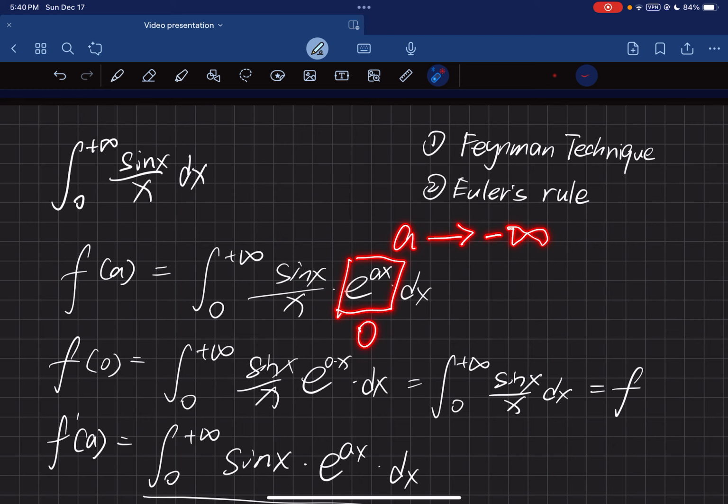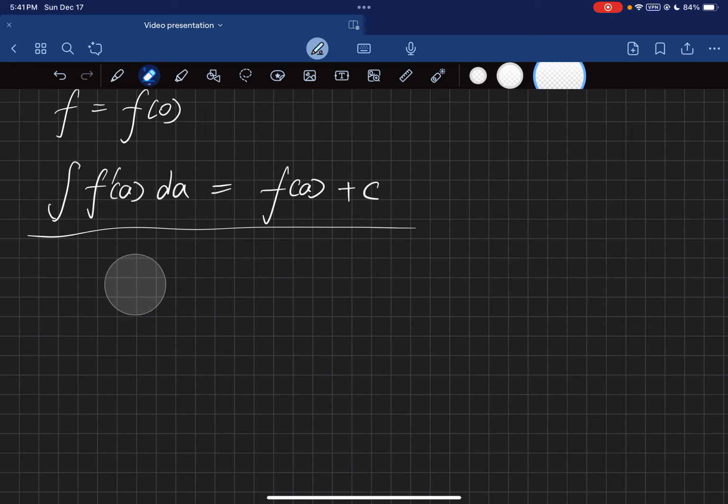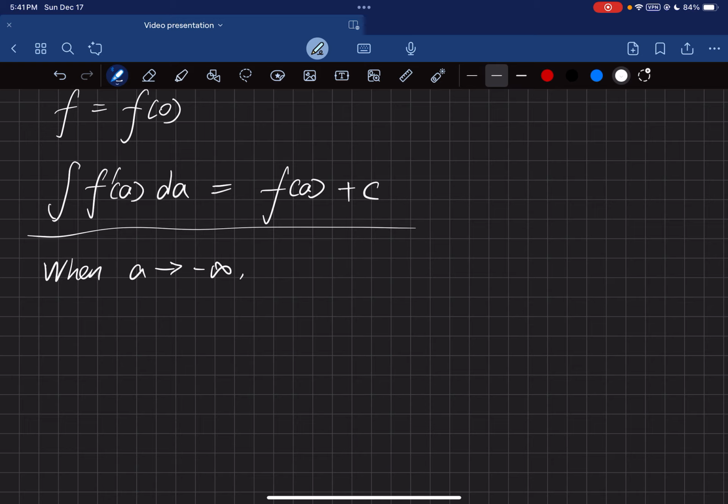It will be 0 times a bunch of things, and the whole thing will be 0, right? So when a approaches negative infinity, this is negative infinity.